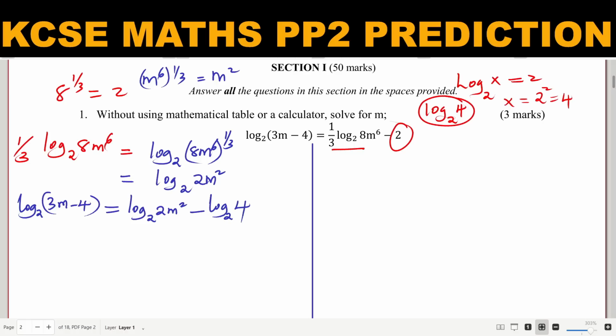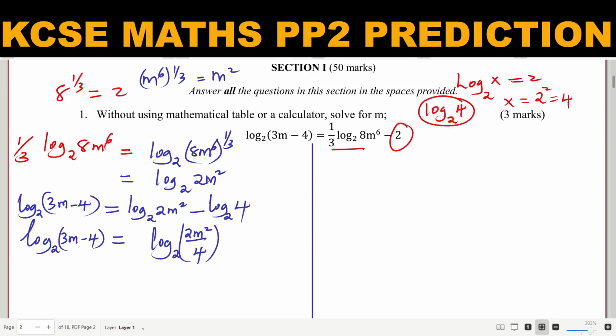Again, on the right hand side, using the law of subtraction of logarithms, we can express this as a single logarithm. So this will be 2m squared divided by 4 as a single logarithm. So now we have logarithm of 3m minus 4.